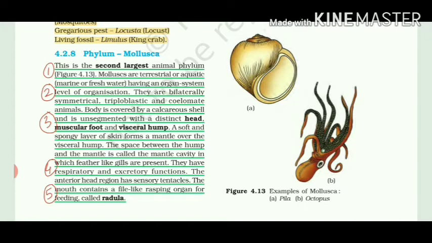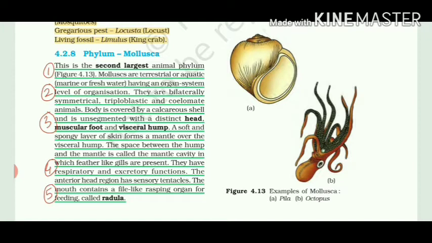Organ system level of organization, symmetry is bilateral, triploblastic, coelomate. So all these points are very similar to almost every phylum. So important features are: the shell is calcareous. Calcareous means it is made up of calcium, and the body is not segmented.